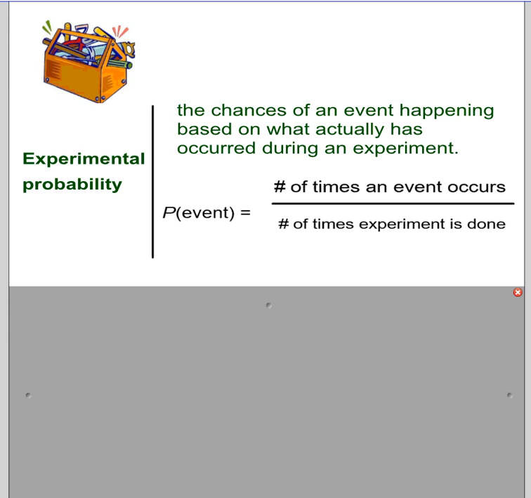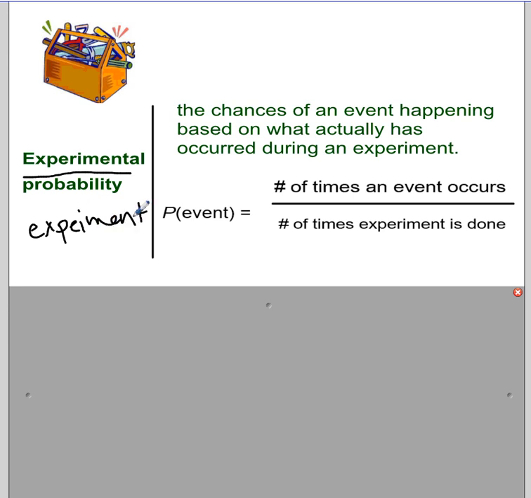All right, new definition, experimental probability, okay? So kind of like before, we had the word theoretical probability. I heard the word theory in theoretical. Now you can kind of hear and see the word experimental. So experiment.